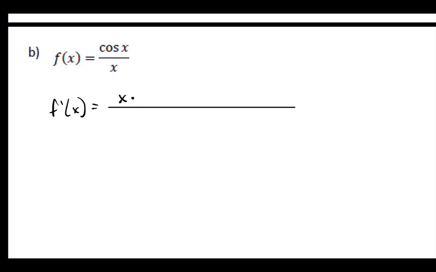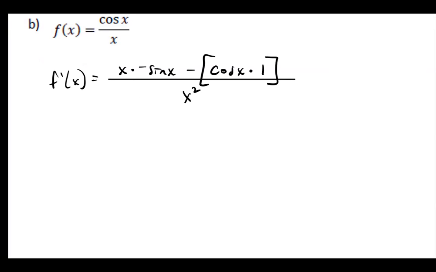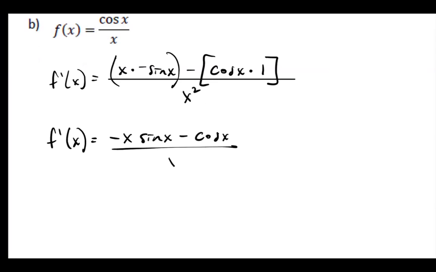So the derivative of the high is negative sine, minus high times the derivative of the low, which is just 1, over low squared. So we got negative x sine of x minus cosine of x over x squared.